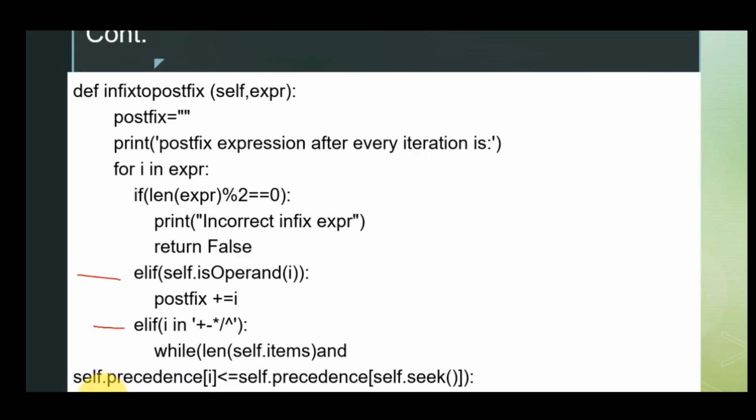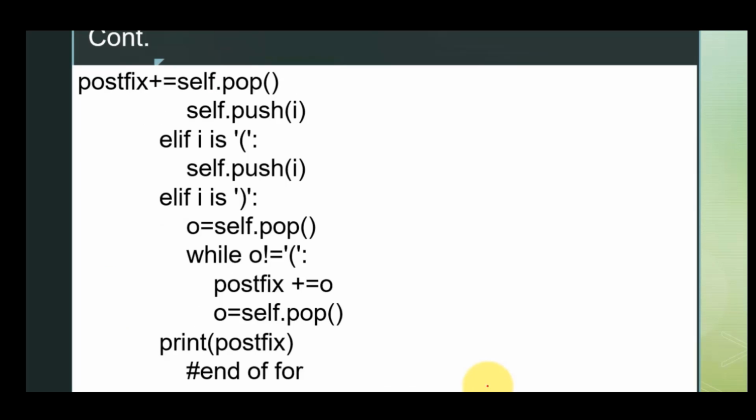The next thing the program will do is check the rules using the precedence rule. Try to check the parentheses, the brackets, the colon, etc. Next is this one. If we're going to convert it into postfix, we're going to pop and then push the value of I referring to the expression we put there.